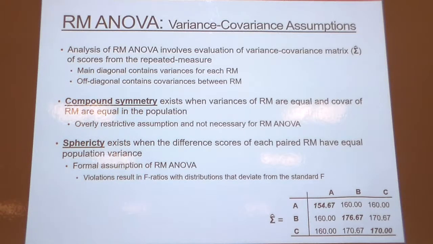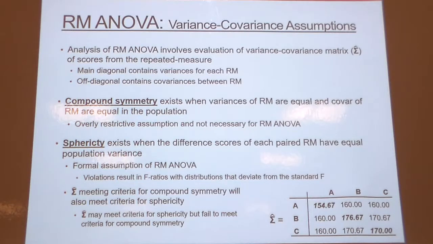This is a key feature of any type of violation of assumption. Our test statistics work fine as long as we're not violating assumptions, but as soon as we do, what we're getting is some coefficient, some statistic that doesn't follow the statistic that we're assuming it does when we're calculating our significance test, so things start to get thrown off there.